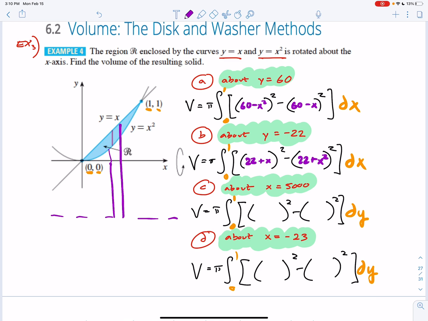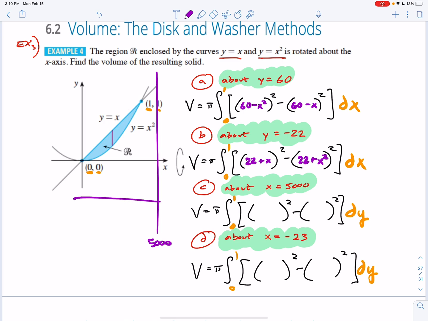If it's, oh gosh, x equals 5,000, you're somewhere over here, 5,000. Okay, so that means you want less, so it's going to be 5,000 minus. The outside will hit the line, so it'll be 5,000 minus y. And the inside will be 5,000 minus y equals x squared, or in this case, the square root of y.